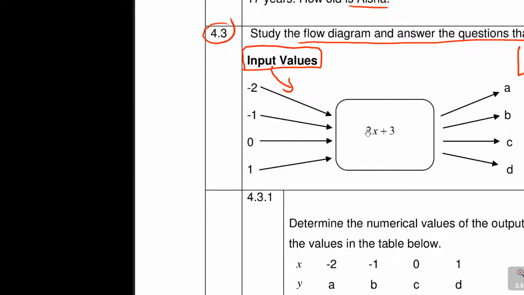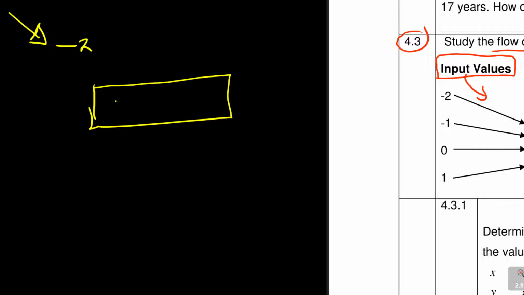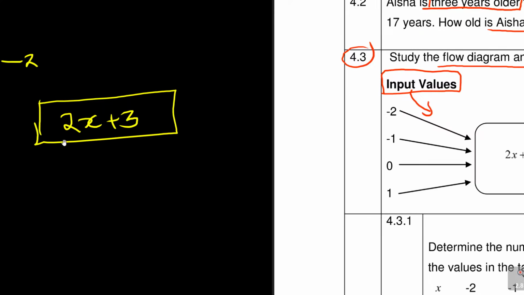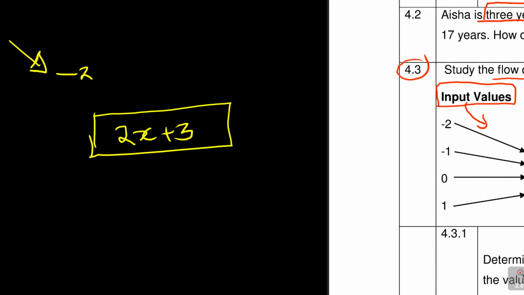I've already been doing this when I was substituting. So this is what they are saying. They are saying you have got something coming in. Let's start with -2. And then you have got something that is being cooked in here, which is 2x plus 3. Look at this, 2x plus 3. And then they are asking you to say, what are you going to get out? This is out.